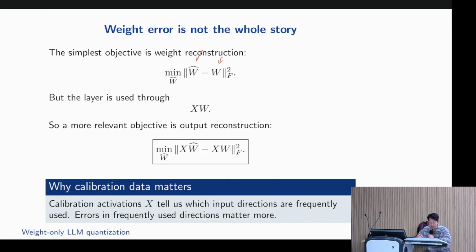But if you have access to a small amount of training data, then on this calibration data, you can try to minimize the reconstruction error of the output activation. So this is saying a good quantization scheme should preserve the output activation, not just the weights, because we want to mimic the original network's behavior by preserving the output of the linear map.